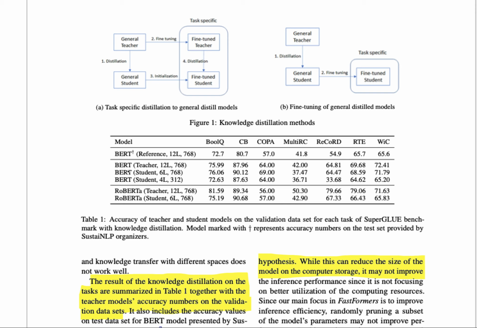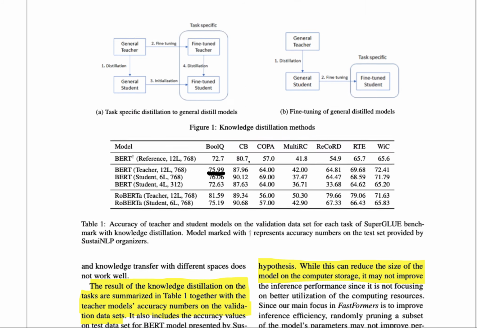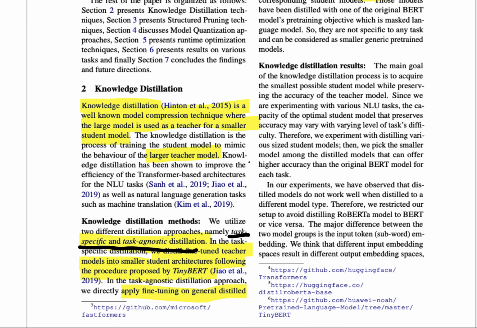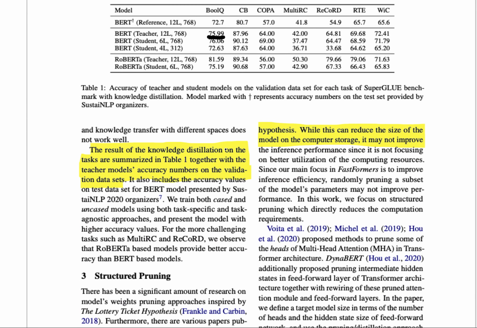As you can see, the BERT model is performing at around 75% on the teacher set, but the student model is also performing very comparably, or in some cases slightly better than the teacher model, and the same is happening with the Roberta architectures as well. That's pretty amazing. So these are the results from the knowledge distillation experiments.